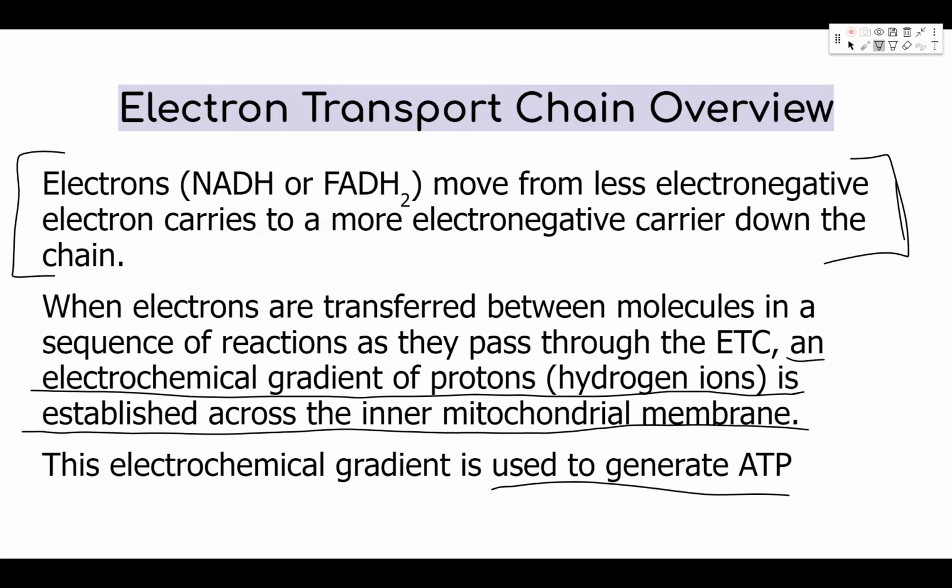This is our overview of the electron transport chain. This is the big idea for our electron transport chain. We pump hydrogen ions, we establish this electrochemical gradient, and we use that electrochemical gradient to generate ATP.